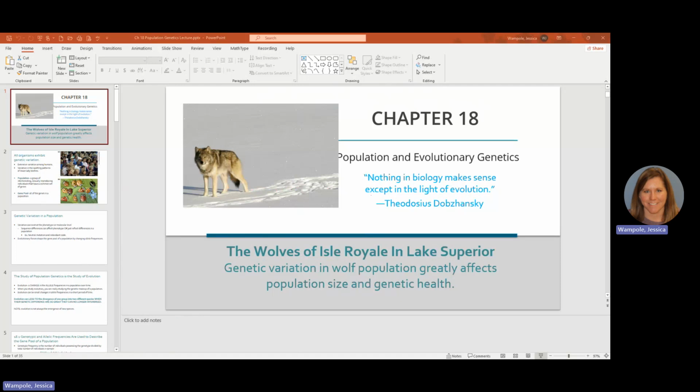The general rule for Hardy-Weinberg is that the lowercase p variable is going to represent the dominant allele, and the lowercase q is going to represent the recessive allele.